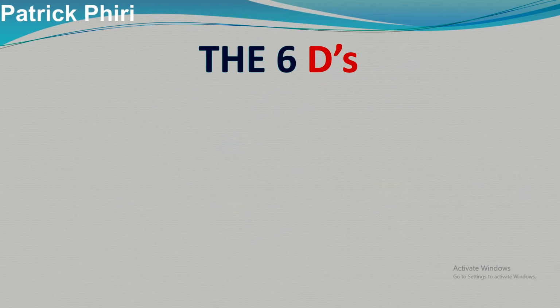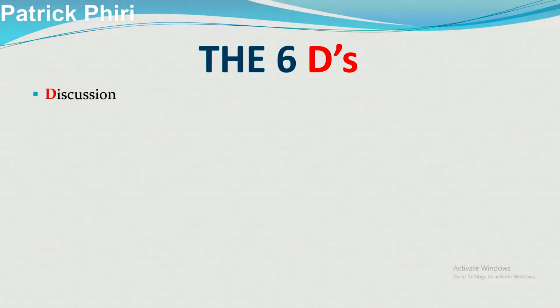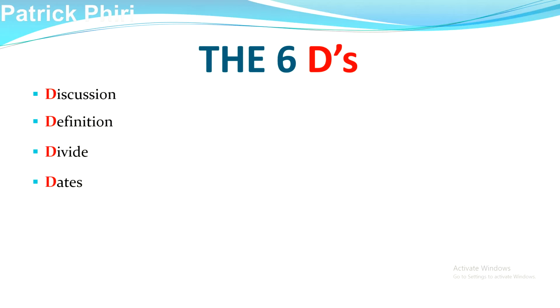So we're going to look at the 6 Ds. I call them the 6 Ds. Have these in mind as you're attempting questions, as you practice. So the first D is discussion. We'll look at each in detail. The second D is definition, divide, debts, double entry, and disclosure.